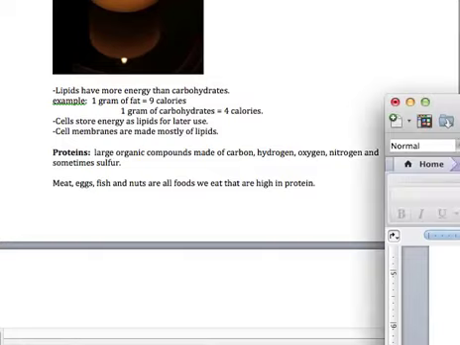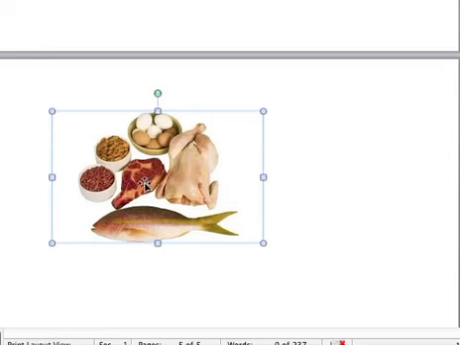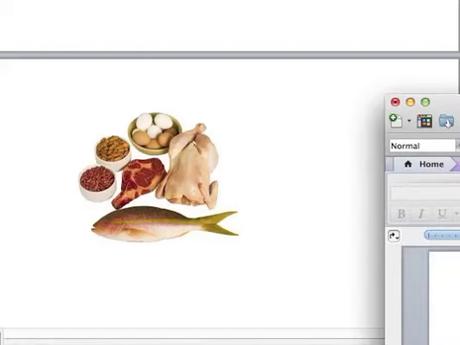So here's a little picture of some eggs, some nuts, some steak, chicken, and some fish. Those are all foods that are high in protein. Now, the difference between proteins and carbohydrates and lipids: if you break down some glucose into 10 glucose molecules, all those molecules are going to look the same.